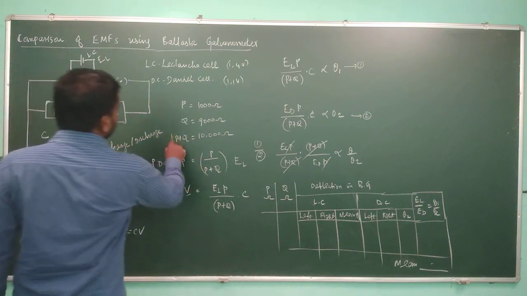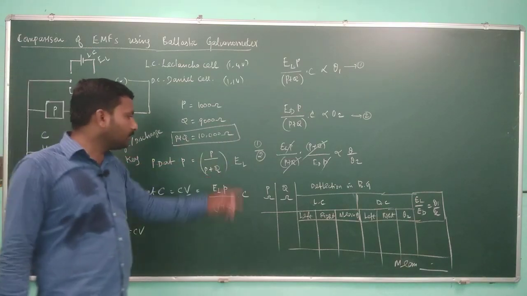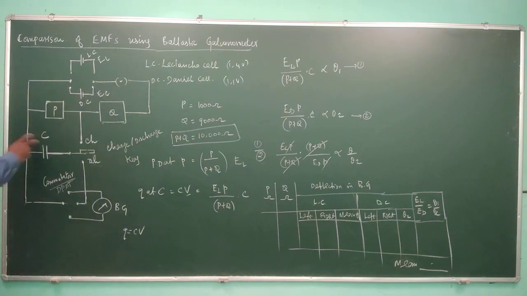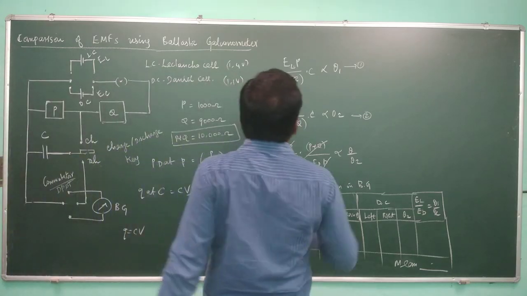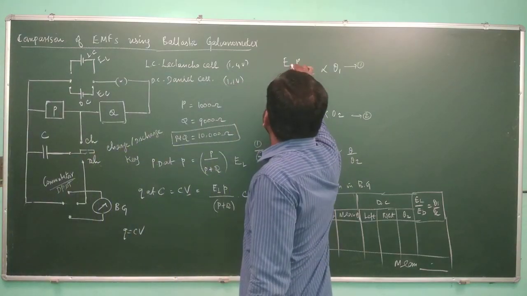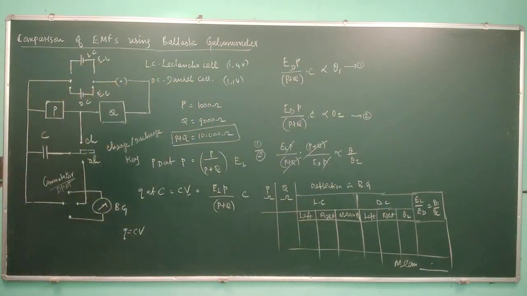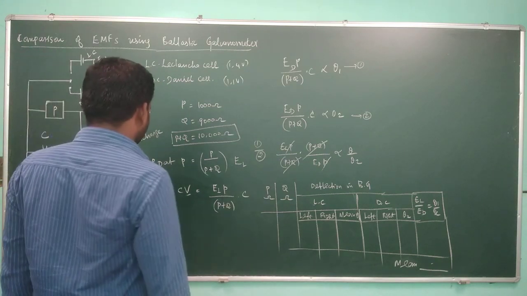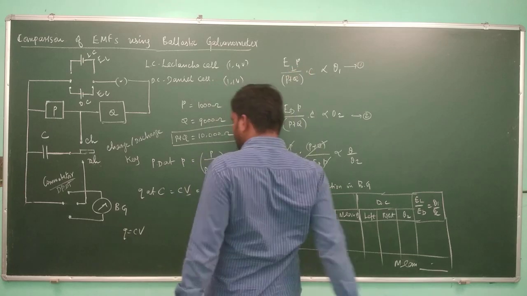So in total P plus Q equals 10,000 ohms that we have to maintain for the entire experiment. Now the potential difference at the point P is nothing but P by P plus Q into E_L, and the charge in the capacitor is nothing but CV, where V is given here as E_L P by P plus Q for one case. If you connect the Daniell cell, this becomes E_D, so E_D P by P plus Q C. Sorry, this is Lagrange cell.